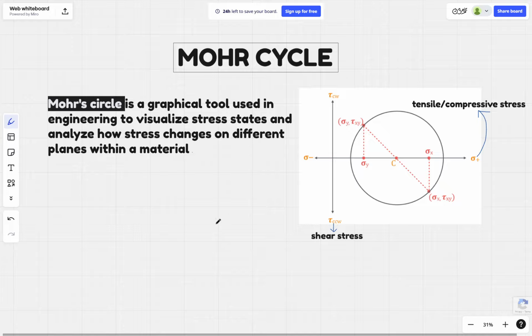Motorcycle is a graphical tool that is used by mechanical engineering students or mechanical engineers, and also by civil engineers in design considerations.